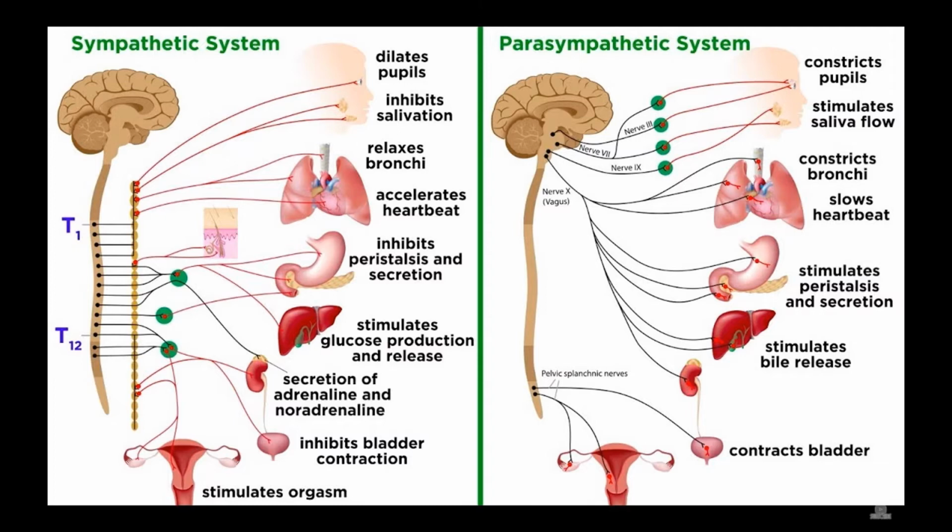So another effect is contraction of the bladder. This is a good time to urinate. So it's going to stimulate contraction of the bladder. Okay. And don't forget, stimulate contraction of the bowel for defecation that I mentioned.